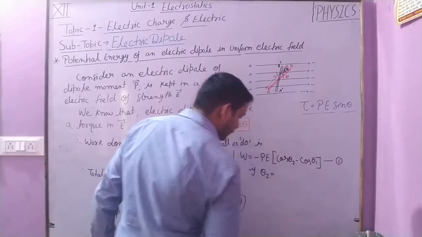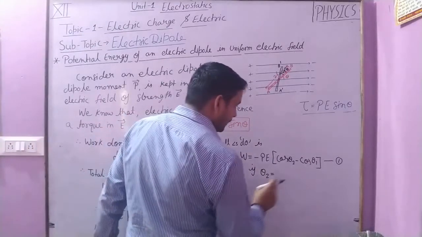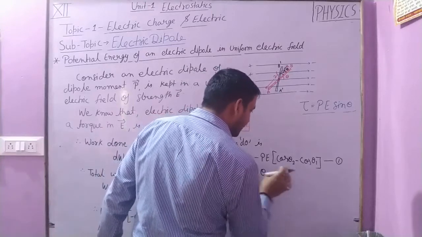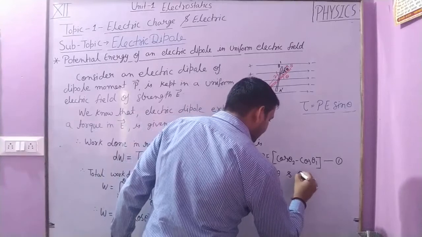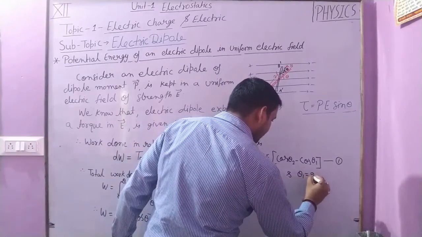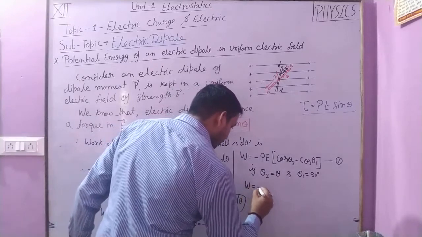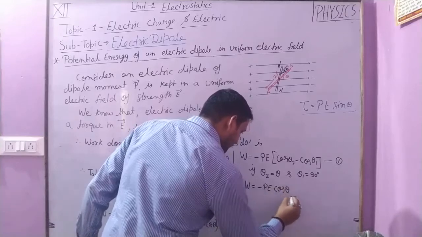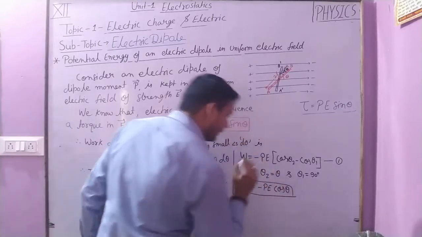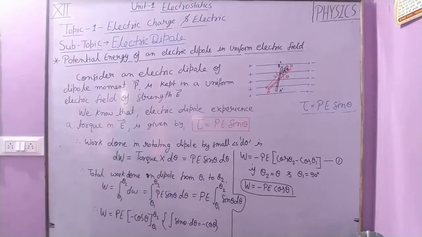If theta 2 is equal to theta and theta 1 is equal to 90 degrees, then W is equal to minus PE cos theta. This is the work done to rotate an electric dipole in a uniform electric field.